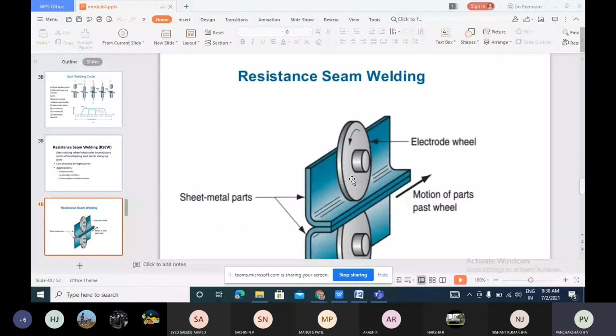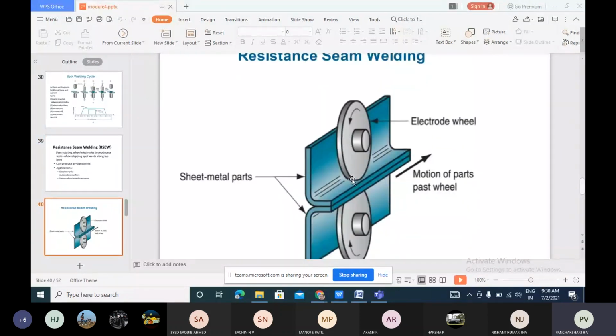See here, resistance seam welding. The diagram you can observe. There are two electrodes. They are rotatable, movable. See these two electrodes, they can rotate, upper electrode and lower electrode, and these are the sheet metal parts to be joined.